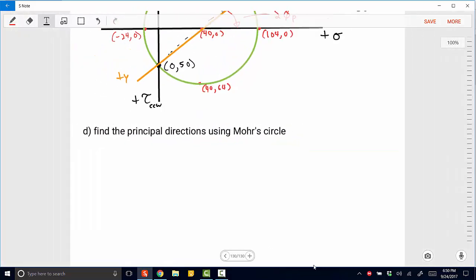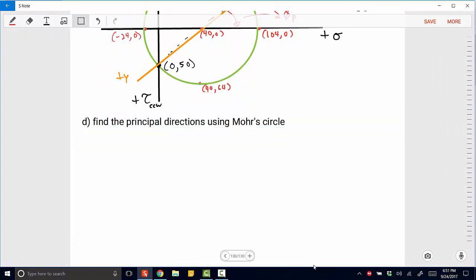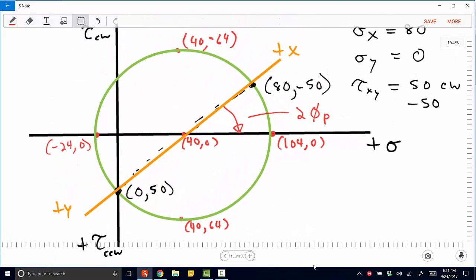So if we just have Mohr's circle, and we don't have our tan equation, what would be the way for us to actually find that principal value? Well, let's look at Mohr's circle here.